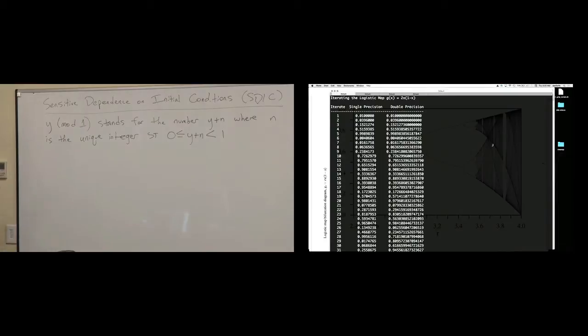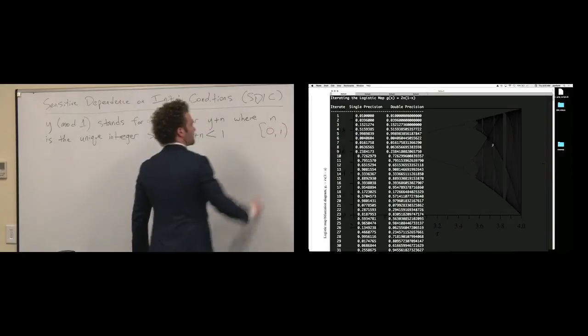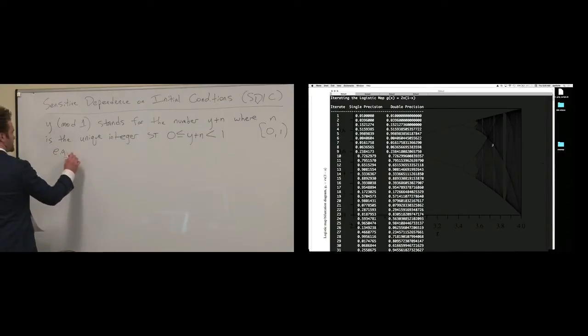So the outcome of this mod 1 thing is we're going to end up with a fraction between 0 and 1. We don't really care about what the integer n is, but it's easier to understand with examples.